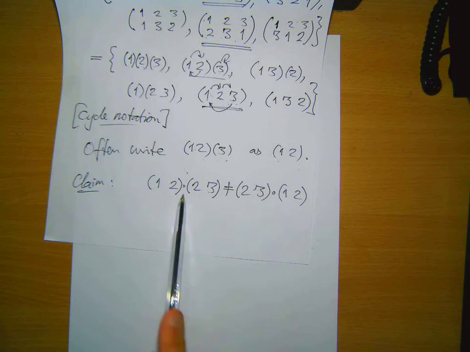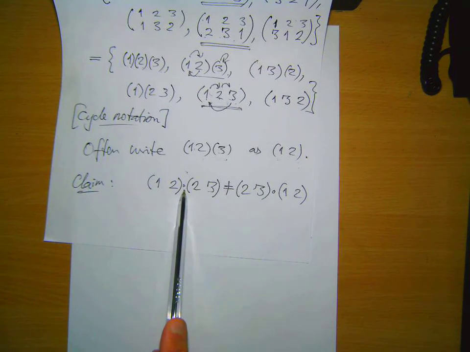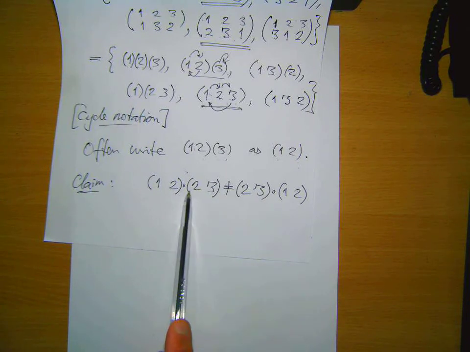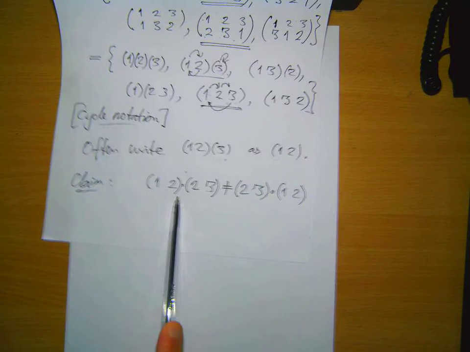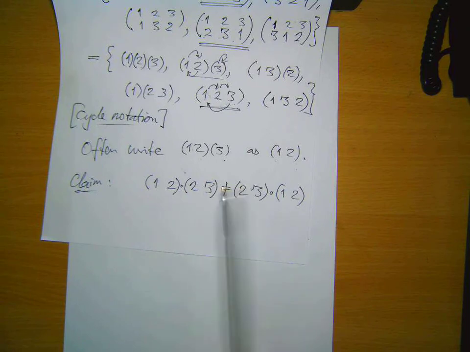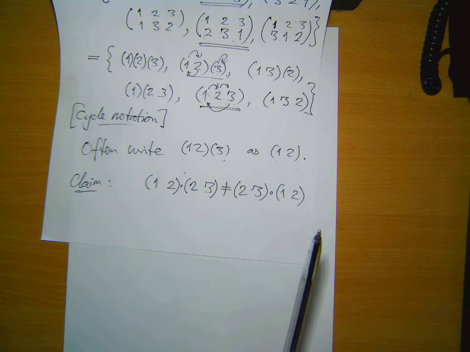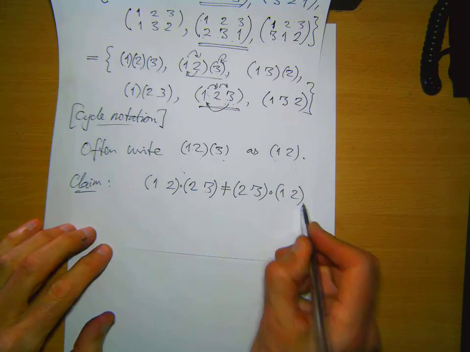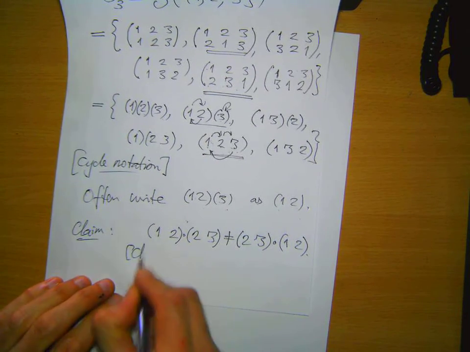That composition, remember, means composition of functions. After a while, we'll even miss that out as well to save even more ink. For the moment, I'm just putting it in. So the composition of (2 3) with (1 2) is not the same as the composition of (1 2) with (2 3). In other words, we can find two elements that don't commute in this group, so the group is not abelian. I haven't got time to check that now, but I advise you to check this.